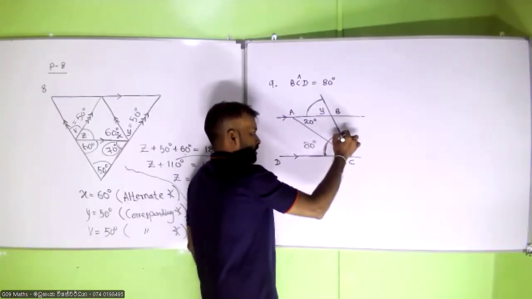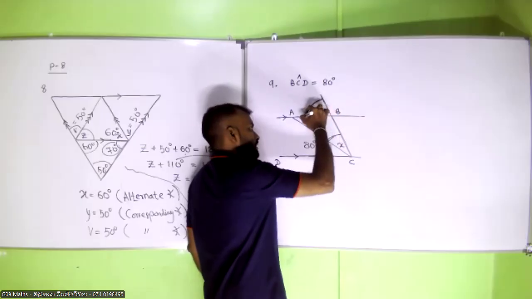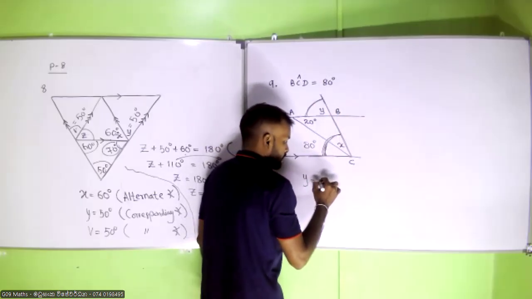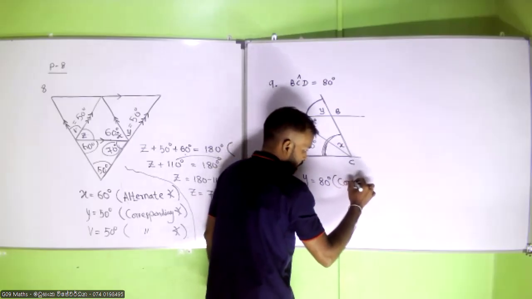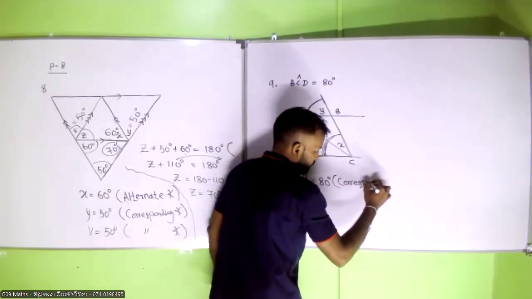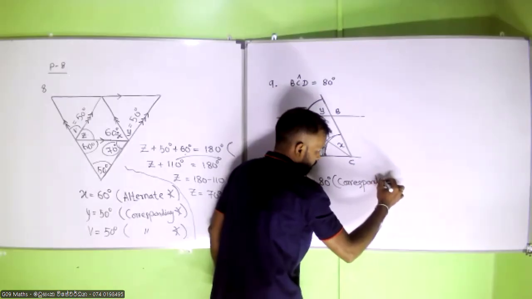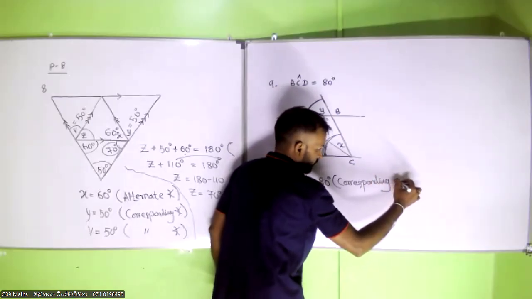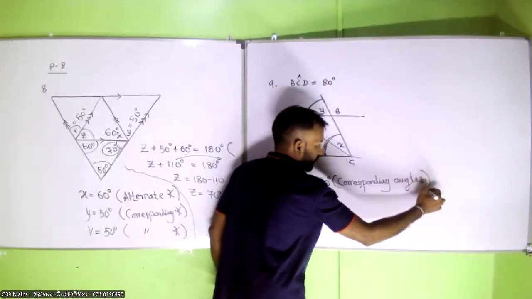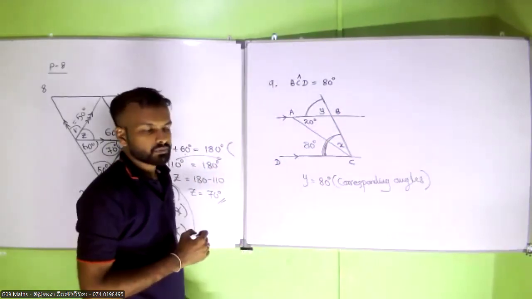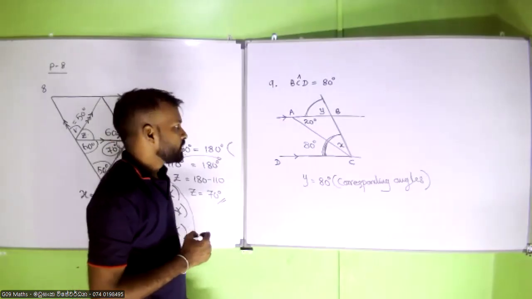So this is 80, this is 80. Y equals 80, corresponding angles. Reason.